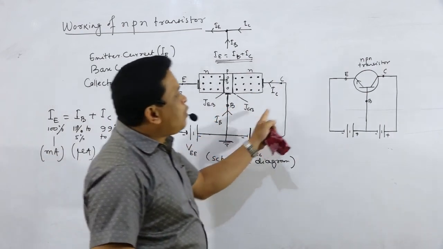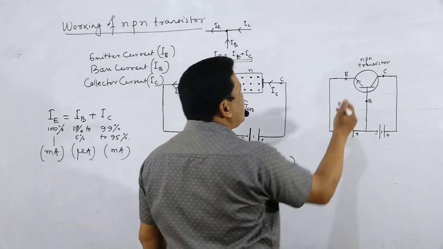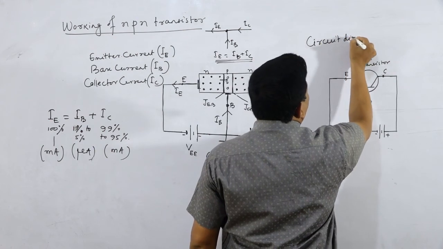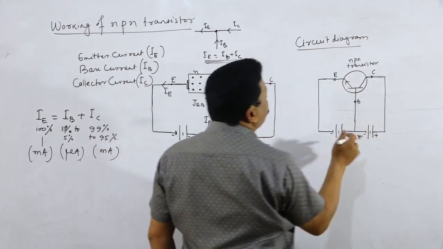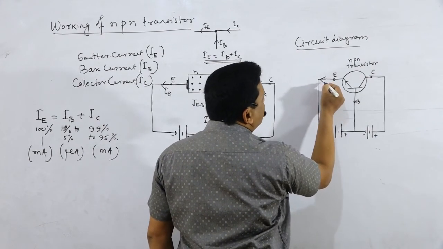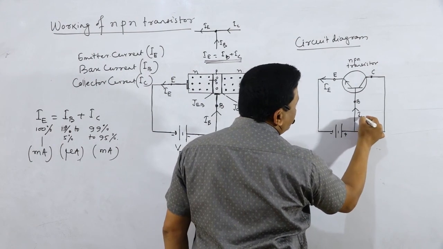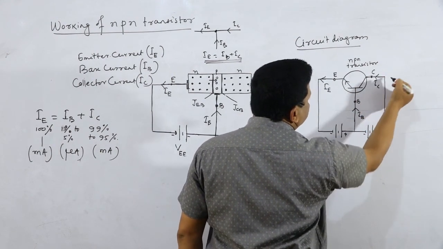So now you understand with the help of a circuit diagram. So this is the circuit diagram. In the circuit diagram we have used the circuit symbol. So emitter current, as I told you, is outward, base current IB is inward, and collector current IC is inward.